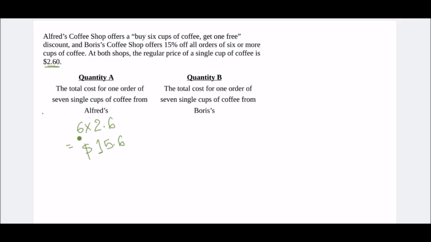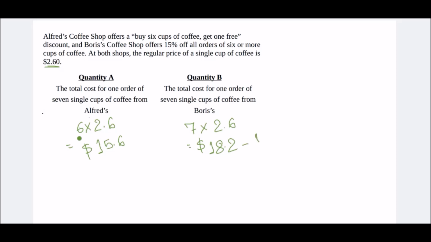Now see quantity B. The total cost for one order of 7 single cups of coffee from Boris. So we have to find out the 7 cups of coffee price from Boris. Boris Coffee gives a discount of 15%. So first we have to find out the price for the 7 cups of coffee, then we will subtract the discount. 7 into 2.6, the total price will be $18.2.